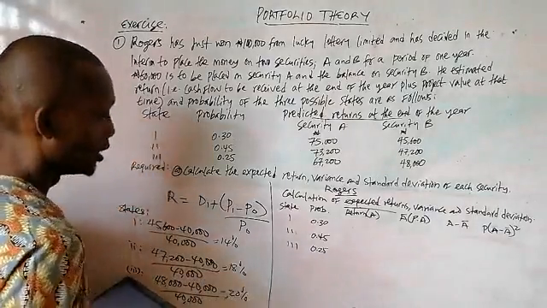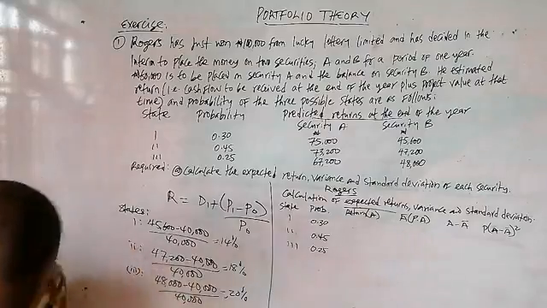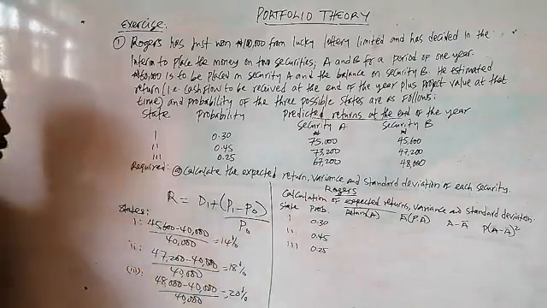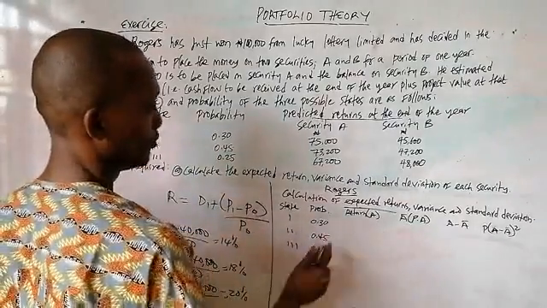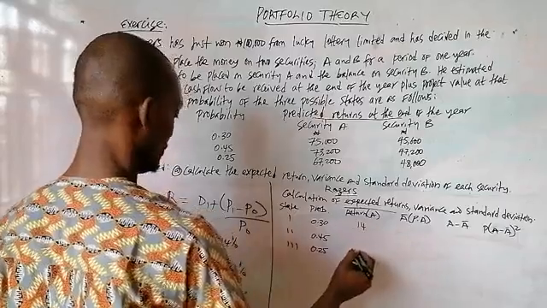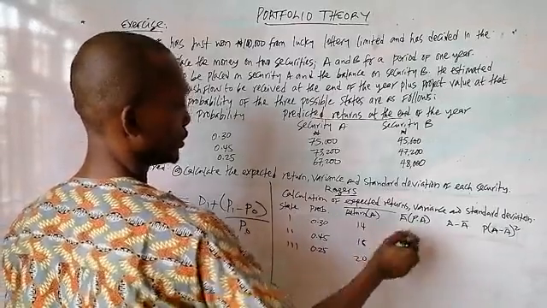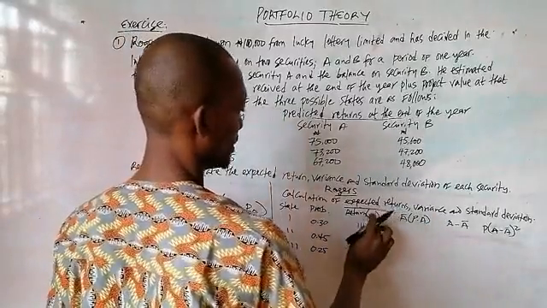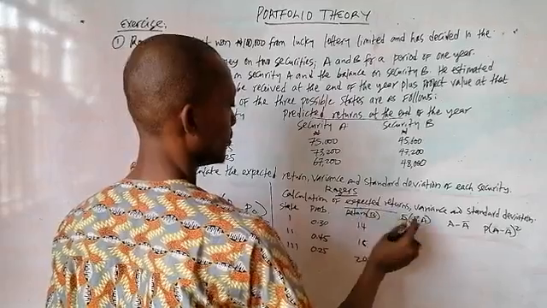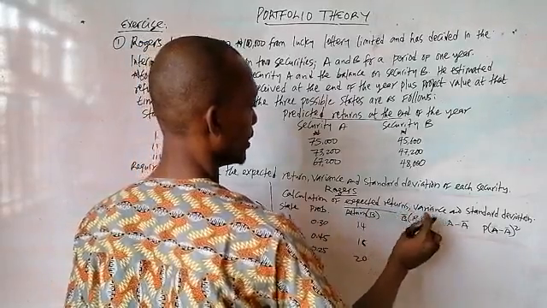So we have that now. We bring these returns down here: 14, 18, 20, with their probabilities. This is for project B.